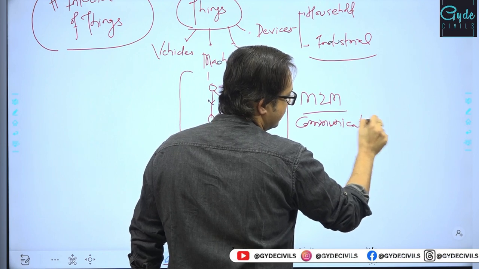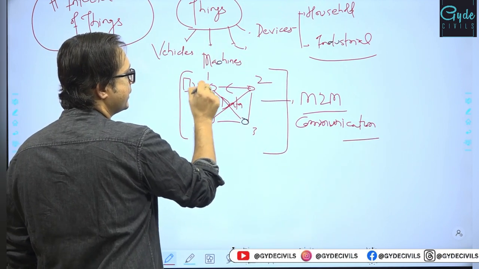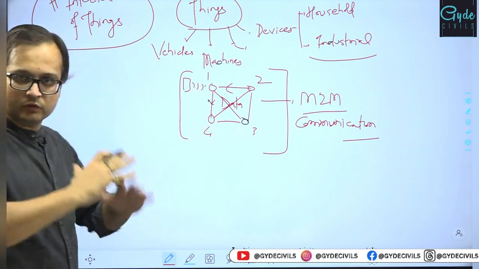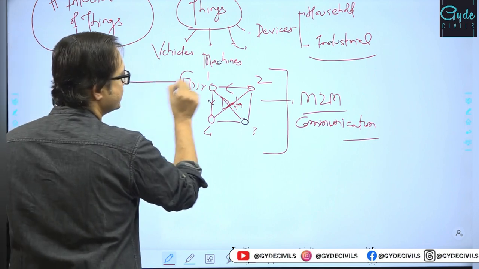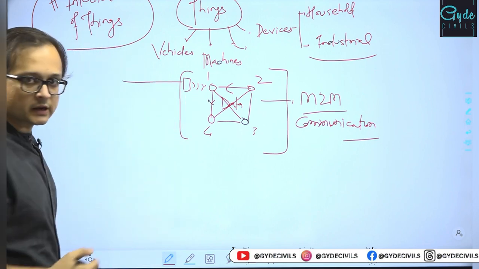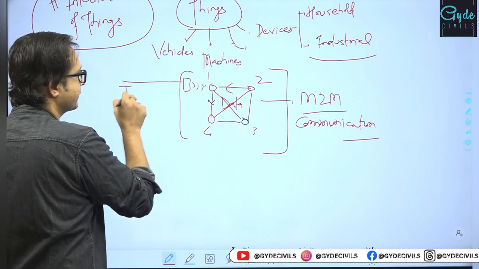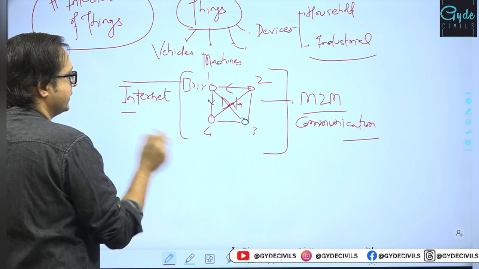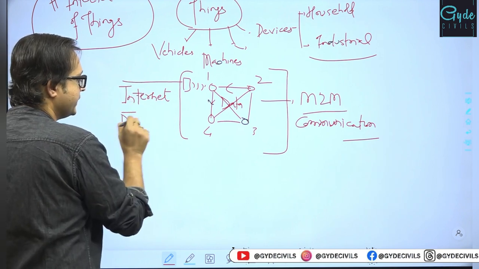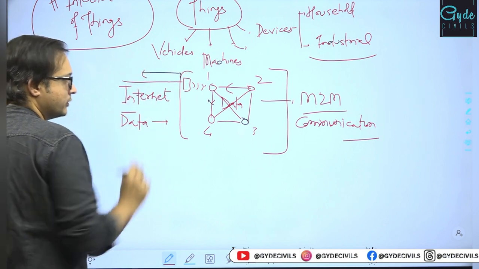Now, with these, there can be certain devices which can help to connect this holistic system, machine to machine communication, over the physical layers, over the application layers, over the link layers of the internet, such that these machines can gain data from the internet, and these machines can also give data to the internet.